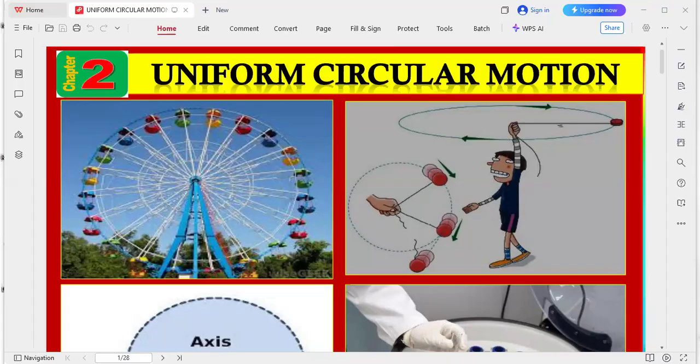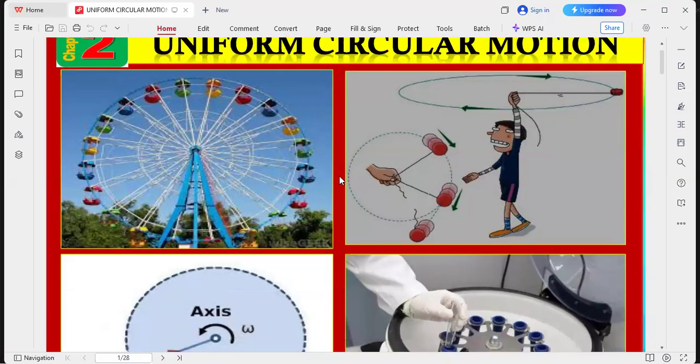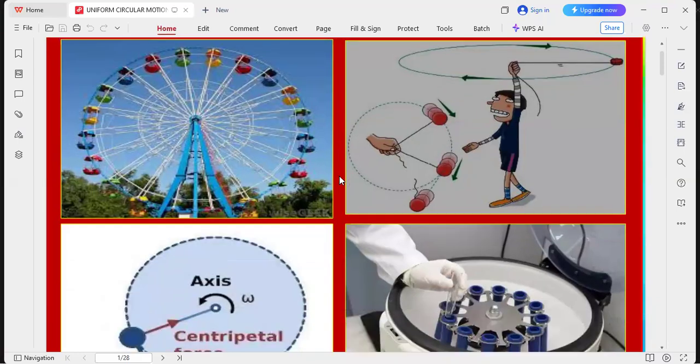So allow me to start with the terms used in uniform circular motion. Basically, uniform circular motion, as you can see, involves things like merry-go-rounds. These are found in amusement parks. We have roundabouts.